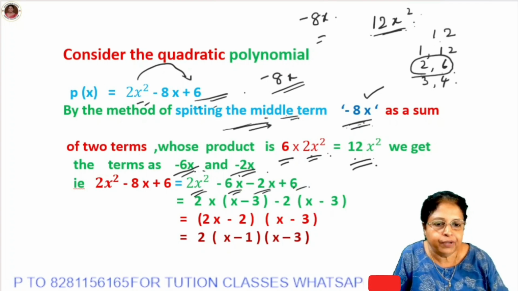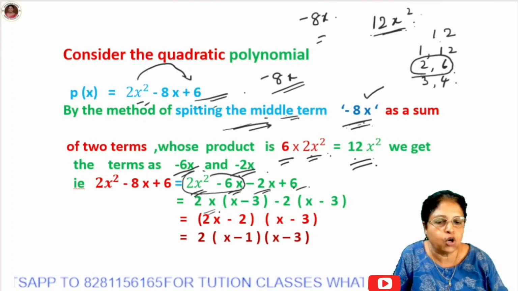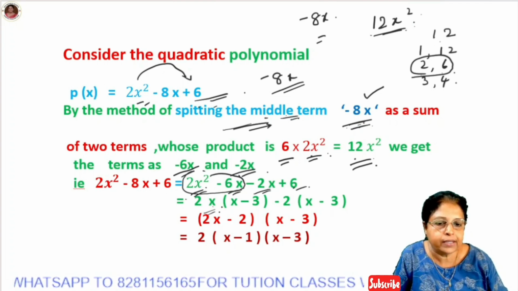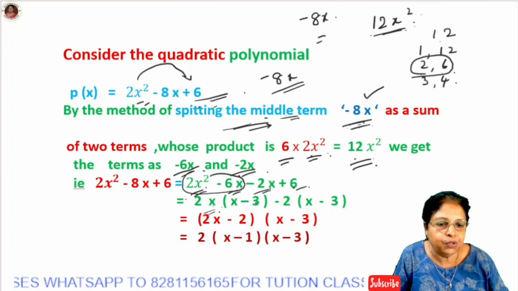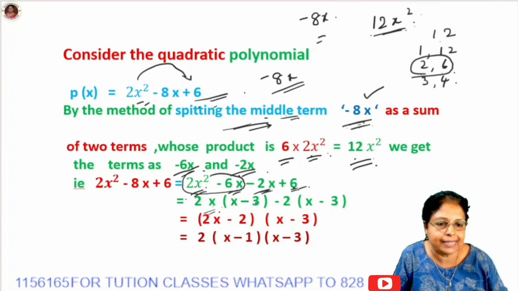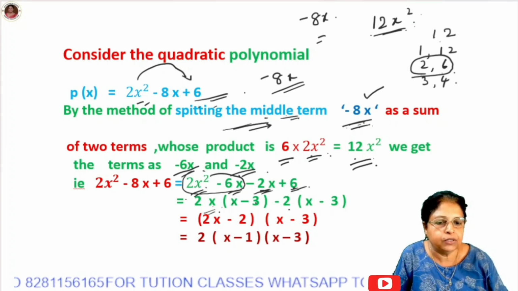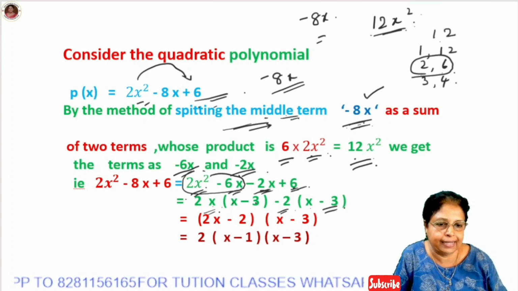Okay. If we take these two terms together, we can see 2x is common here. So if you take 2x outside, then 2x times x minus 3. Then if you consider these minus 2x and 6, we can see minus 2 is common here. So we can take it outside, minus 2 times x minus 3.